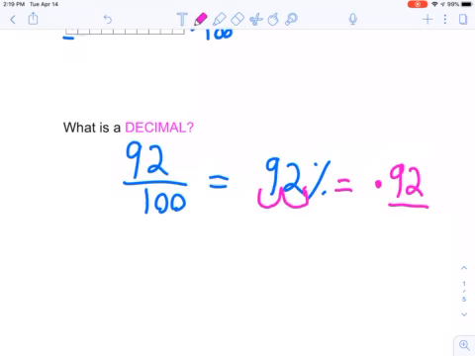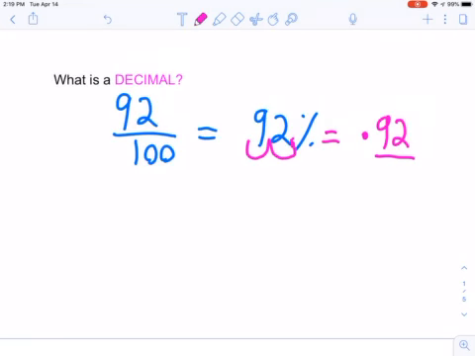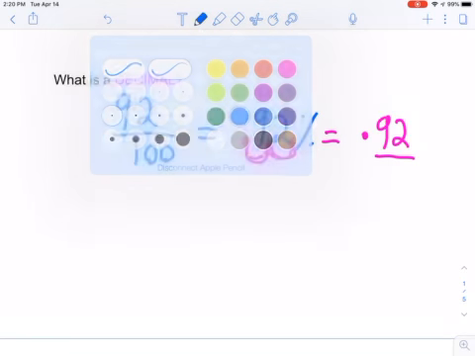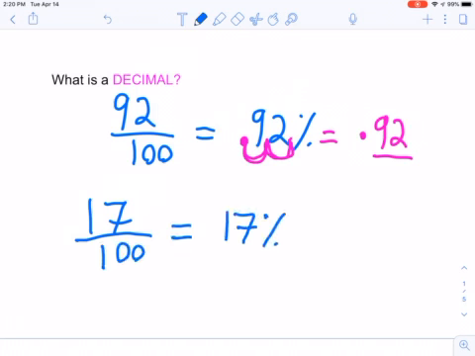Remember, percent, fraction, and decimal are exactly the same thing, just represented in a different way. Okay, all you have to do, though, in order to find that decimal is move that place value 2 places from the right to the left. All right, let's do one more practice one. Let's say I have 17 out of 100 on the test, which only gives me a measly 17%.